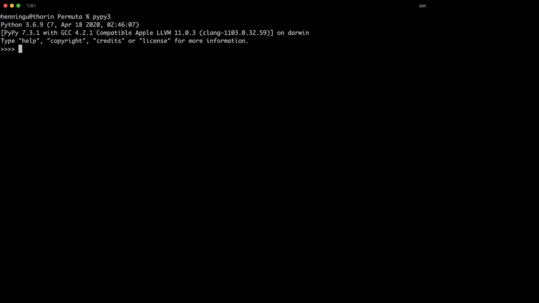I'll be using PyPy, but you can just as well use plain Python. And I'll do from Permuta import star to import everything I need. I can now define and work with permutations. We're programming, so things will be zero based.